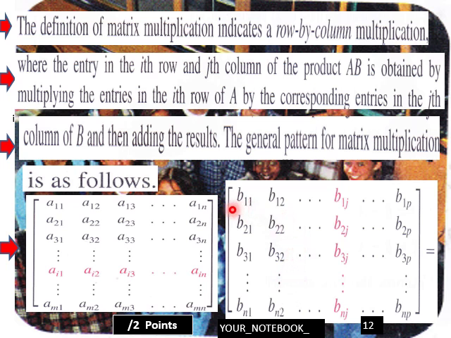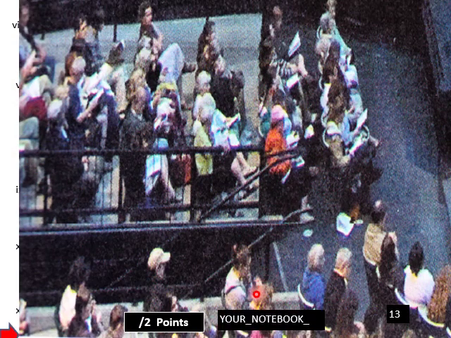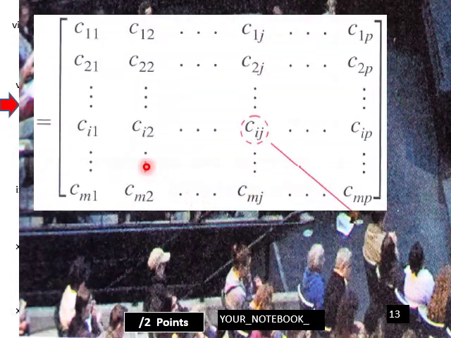So we have our row arrangements, and then we have our column arrangements here.